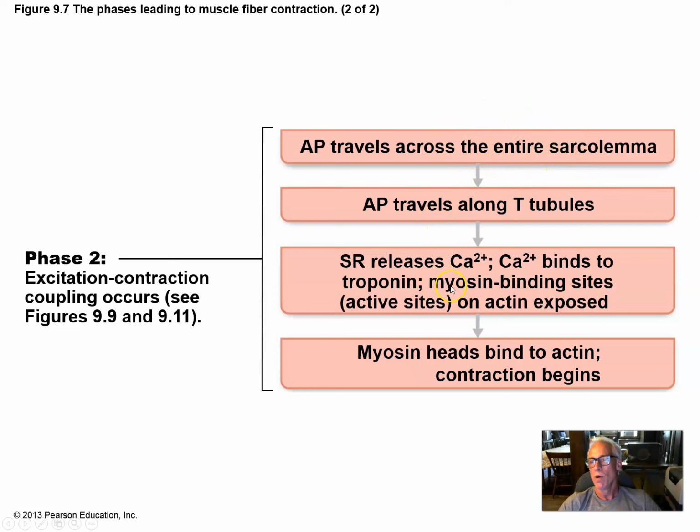And when the depolarization affects the T-tubules, the sarcoplasmic reticulum will be induced to release its calcium by opening up its channels, and will have calcium triggering the cross-bridge cycle and the contraction of the muscle cell.